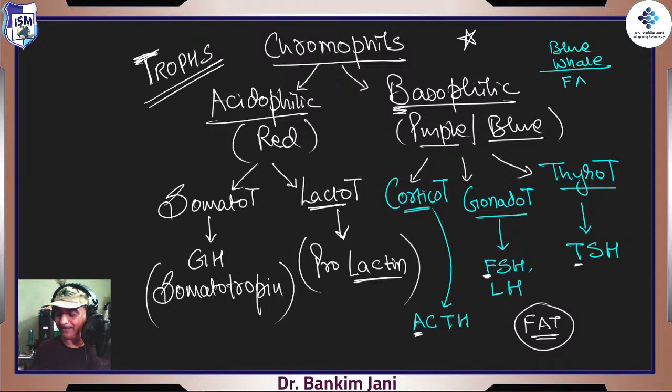So these basophilic cells are FSH and LH, A is for ACTH, and T is for TSH, thyroid stimulating hormone. That's how we remember this. Highlighted. Okay.